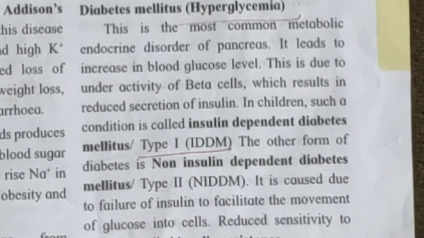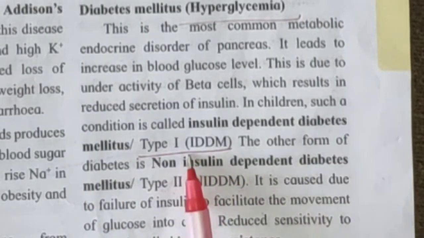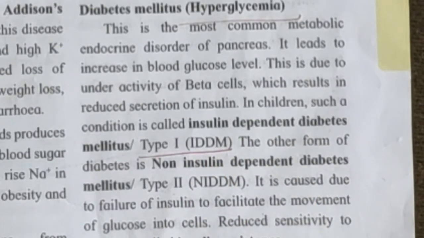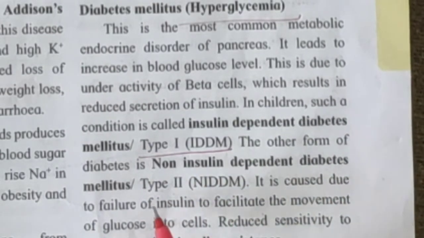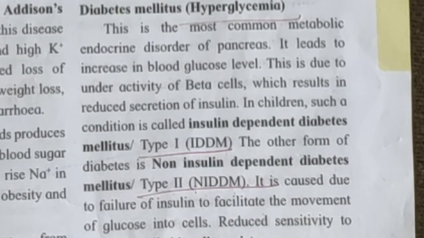Type 1 is called insulin dependent diabetes mellitus, and the short form is IDDM. And type 2 is called non-insulin dependent diabetes mellitus, that means NIDDM. Both types of diabetes are caused because of a low level of insulin, which results in reduced motility of our glucose.